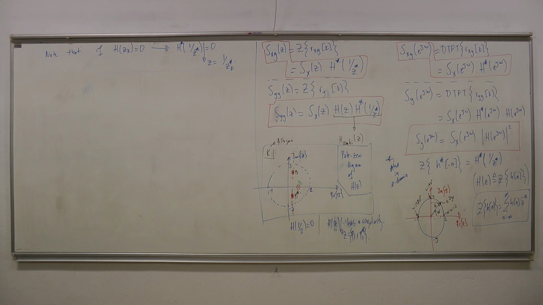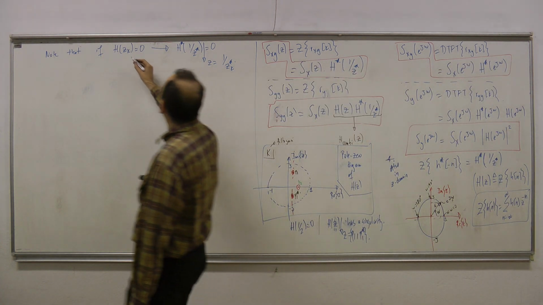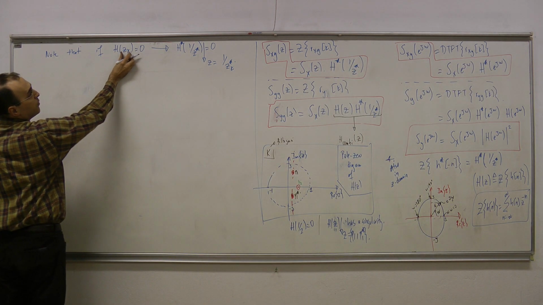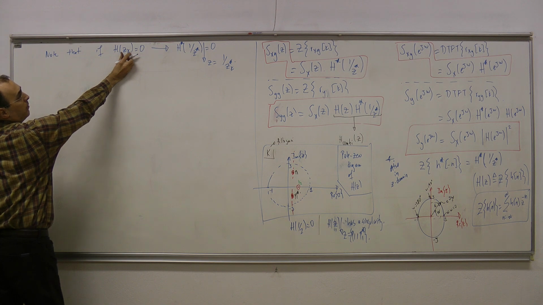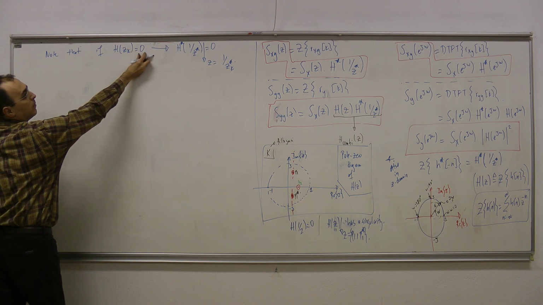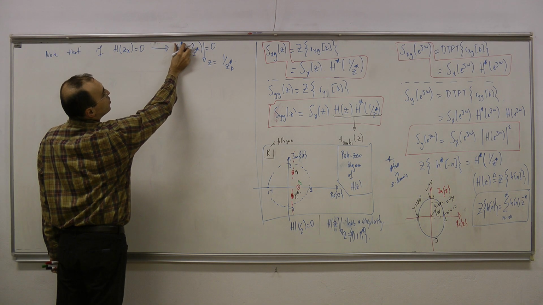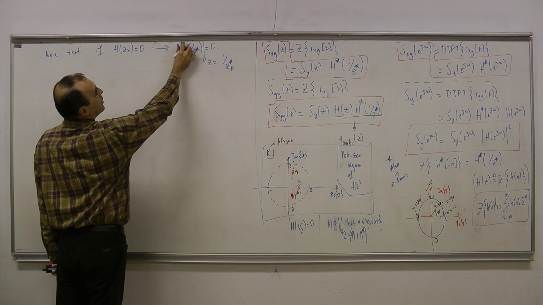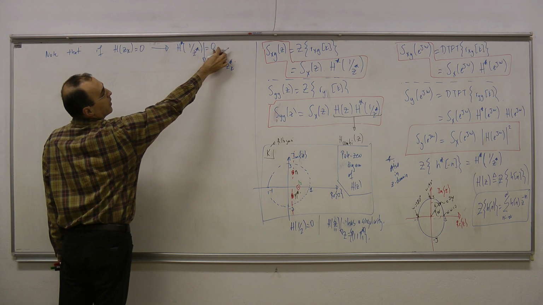Do you see what I mean? So zk over here is, let's say, 1 over 2. If this argument is 1 over 2, then this function is equal to 0. So this is the conjugate of this function. If I take the conjugate of both parts, I get again 0.